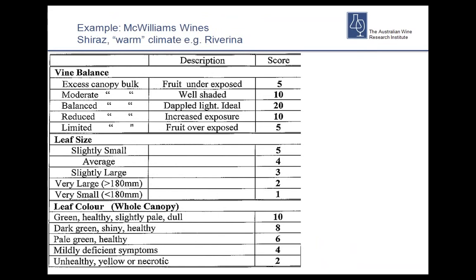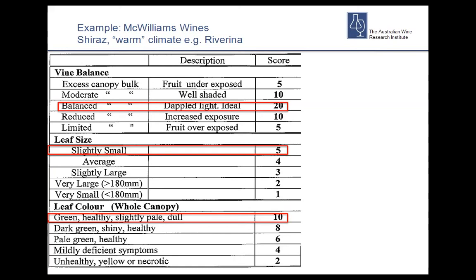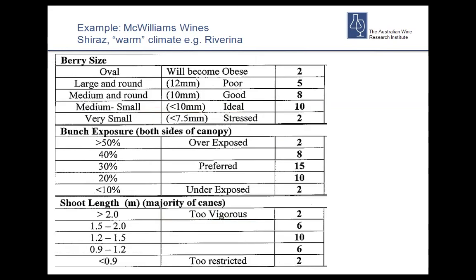If I just go through this in a bit more detail, you can see, for example, that in terms of what they term vine balance, the highest score is achieved for a balanced canopy with dappled light. For leaf size, it is for slightly small leaves. And for leaf colour, it is for leaves which are green, healthy, slightly pale and dull. For berry size, it is for medium to small berries.